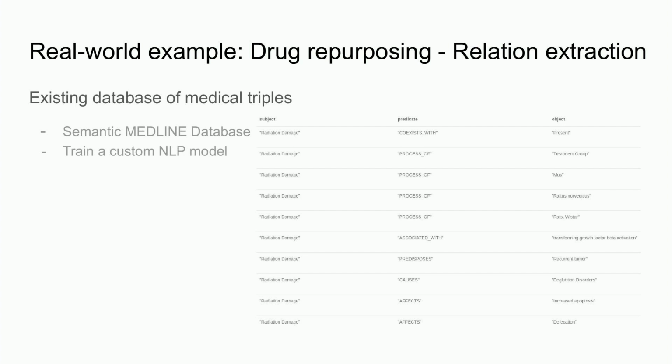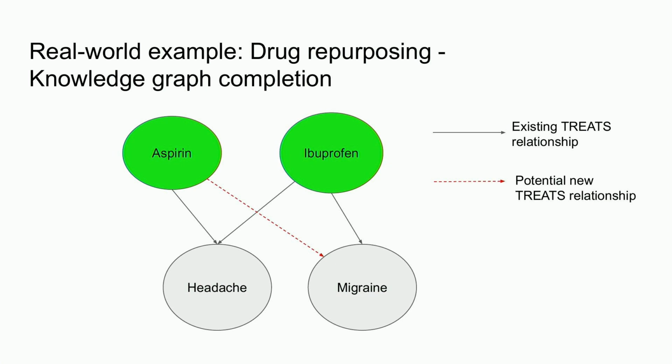And now that you have biomedical concepts as entities and relationships between them, you create a knowledge graph and try to predict new use cases for existing drugs. So here I've made just a simple example where we've got drugs and diseases.